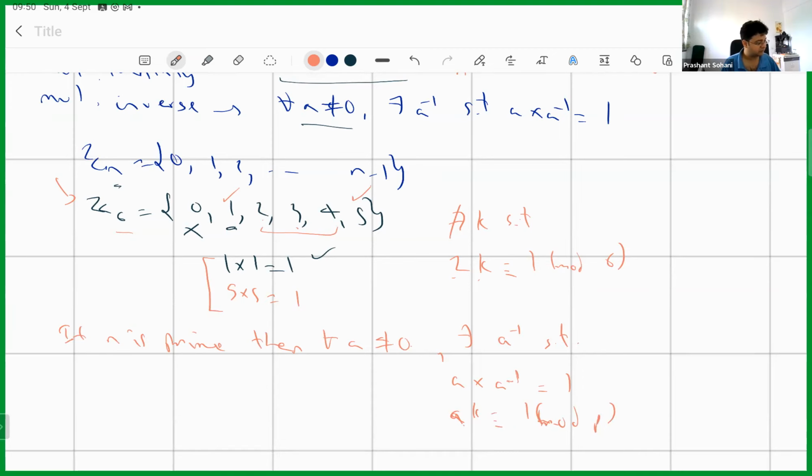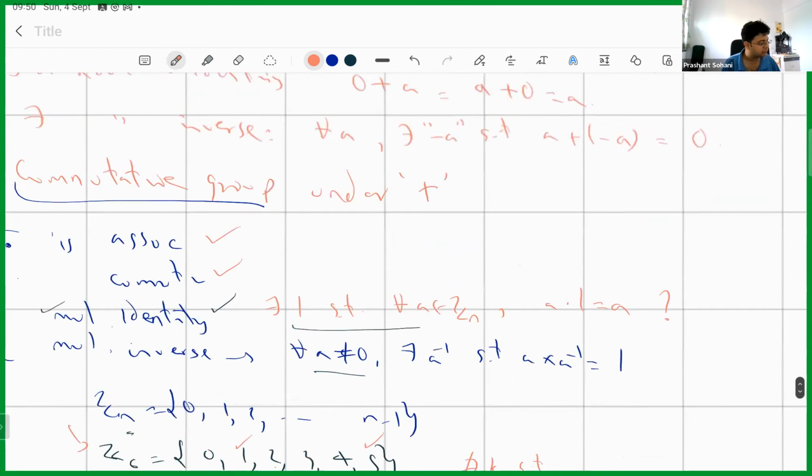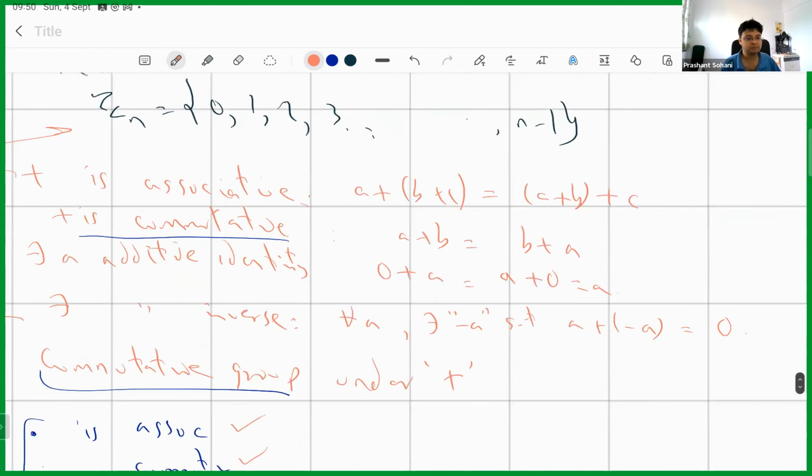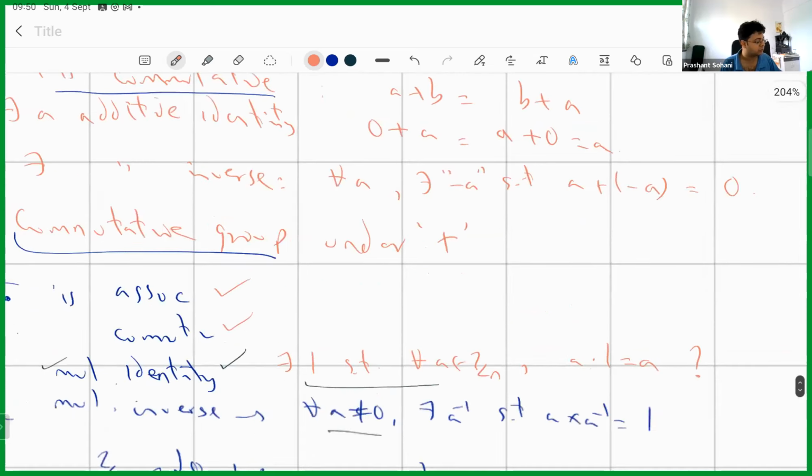So the conclusion is that addition works fine no matter whether your divisor is prime or composite, but for multiplication you have to be more careful. The inverse only exists if p is prime.